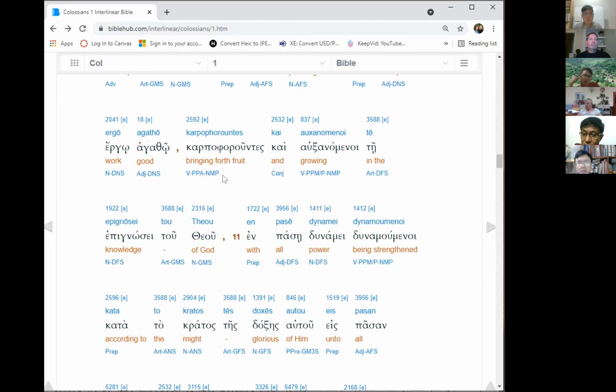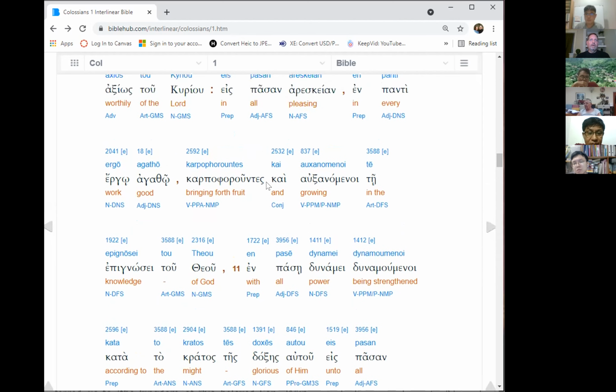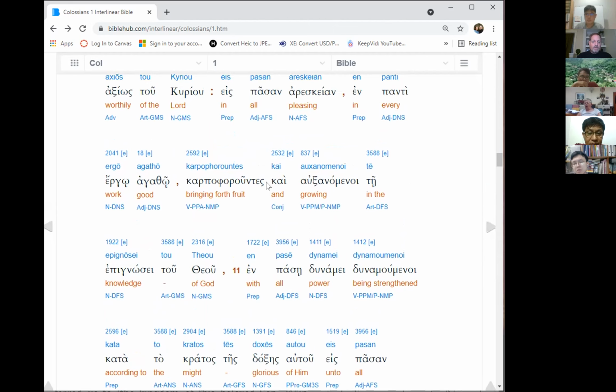It's the same for bearing fruit. Notice present participle. And then growing tells us, again, participle. So that's a way to identify that.